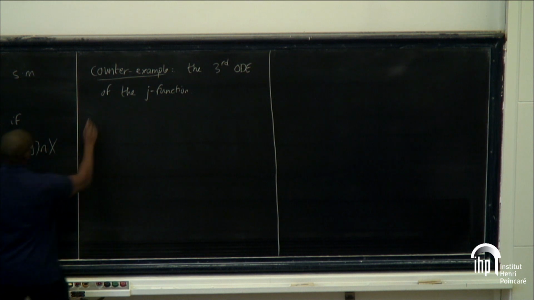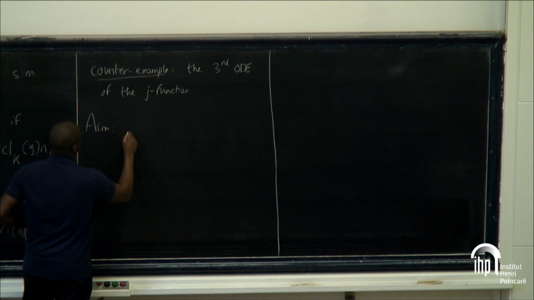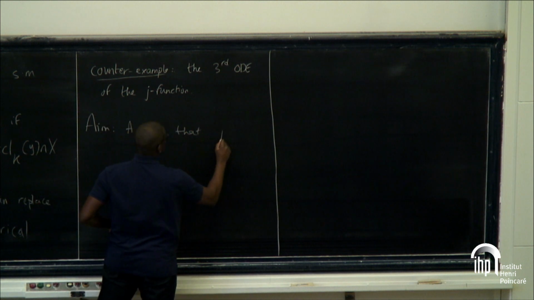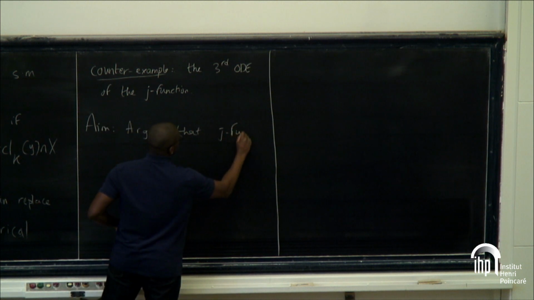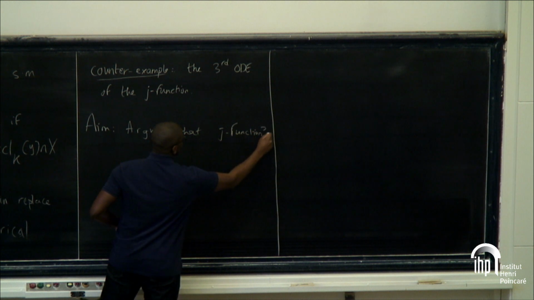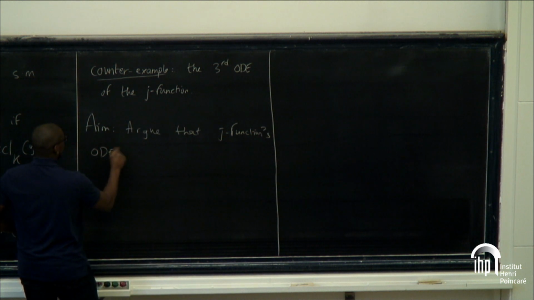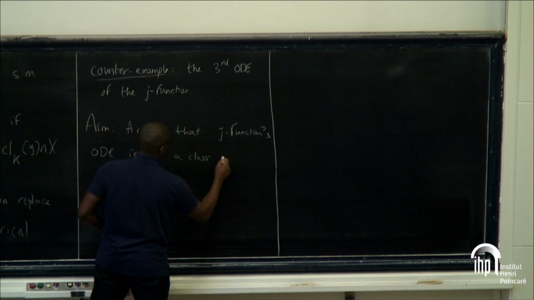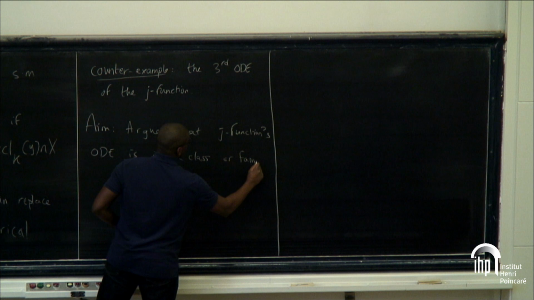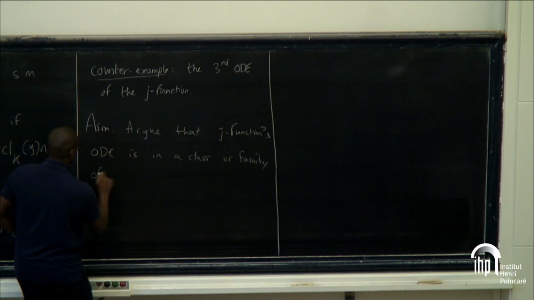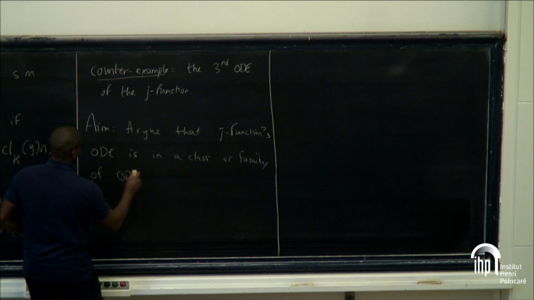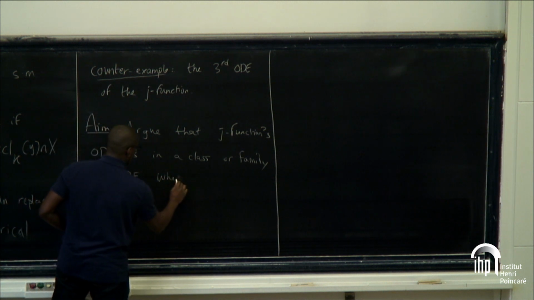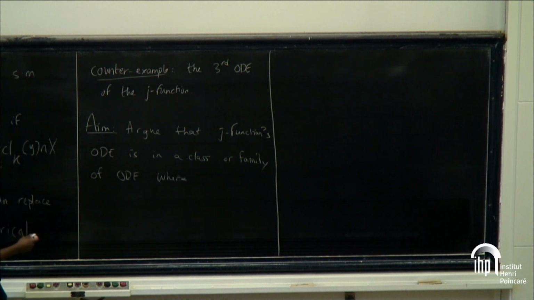So: the J function's ODE is in a class or family of ODEs where triviality can be classified.